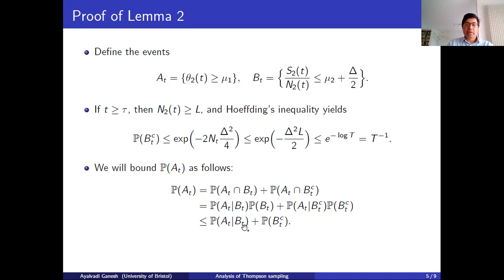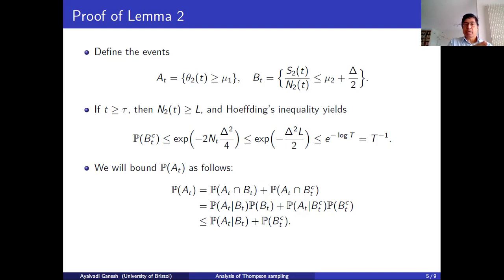So let me remind you, by conditioning on BT, we are saying that the number of successes observed in N2t plays of the second arm is not much bigger than its true value, mu2 times N2t. So we don't observe an unusually high frequency of successes on arm 2. That's the event BT. Now, AT is the event that when we draw from the posterior distribution for this arm, we don't get a value bigger than mu1. So there are two ways this could happen.